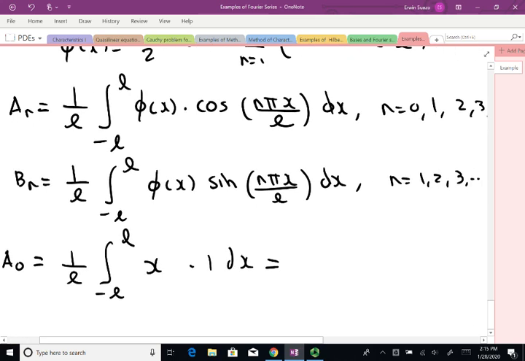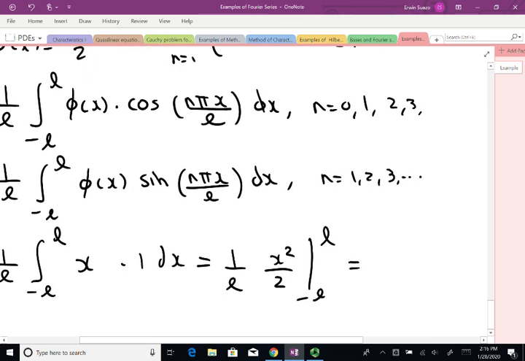So we get 1 over L, x squared divided by 2, from minus L to L. So we get 1 over L, L squared divided by 2 minus L squared divided by 2.